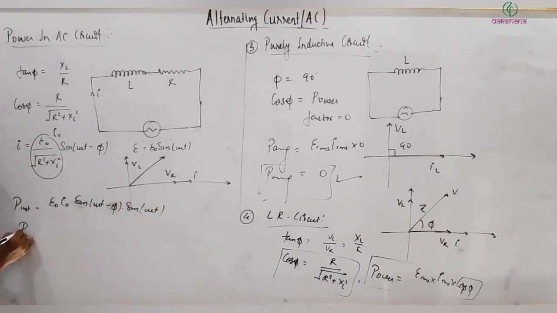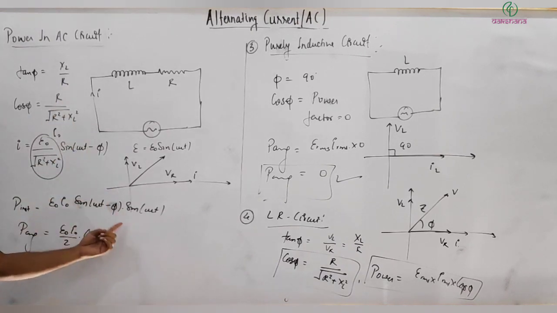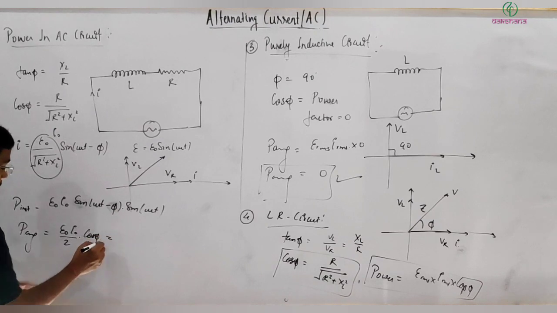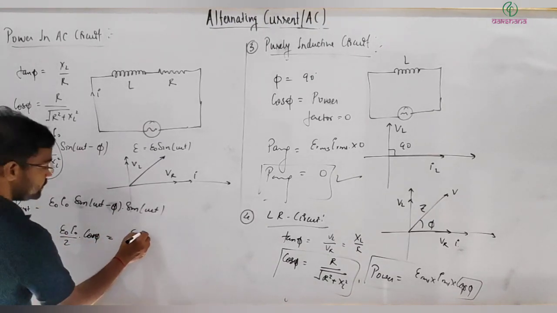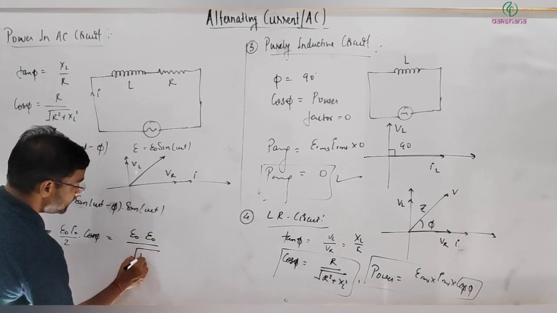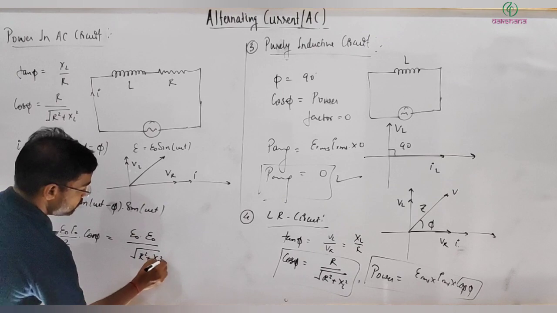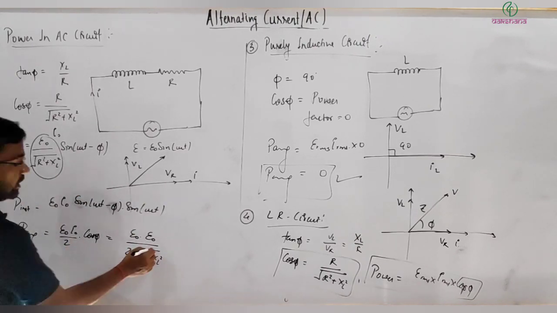If I do the calculation and take the average, it comes exactly to E naught into I naught divided by 2 into cos of phi. I get exactly this relation even if I go step by step. Now I naught is E naught divided by under root R square plus XL square, so this whole thing divided by 2, multiplied by cos phi.